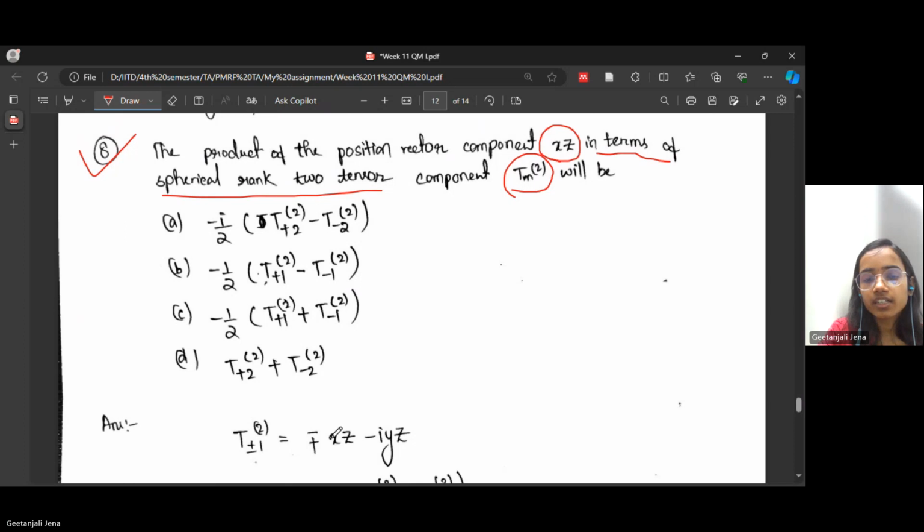then you have this kind of relation, right? The spherical rank 2 tensor component, you can write it as this expression.